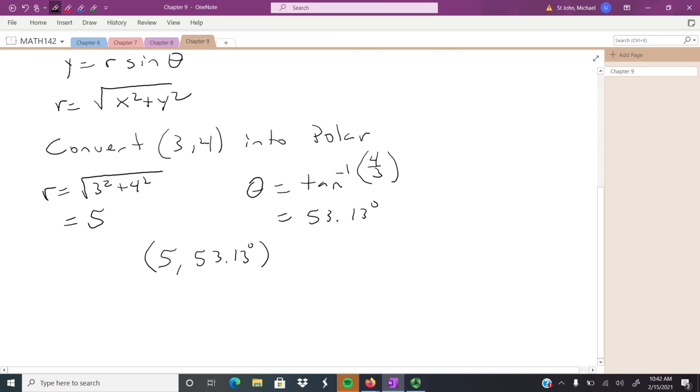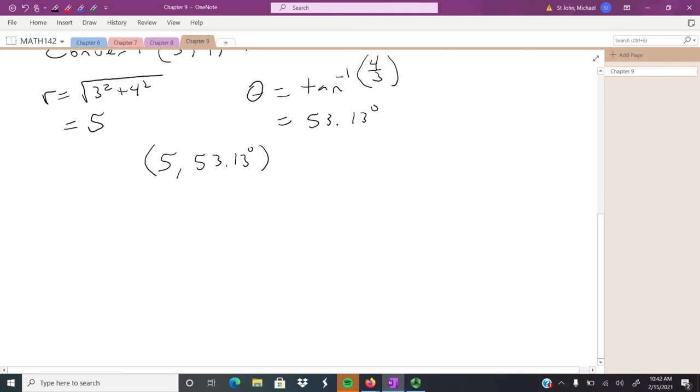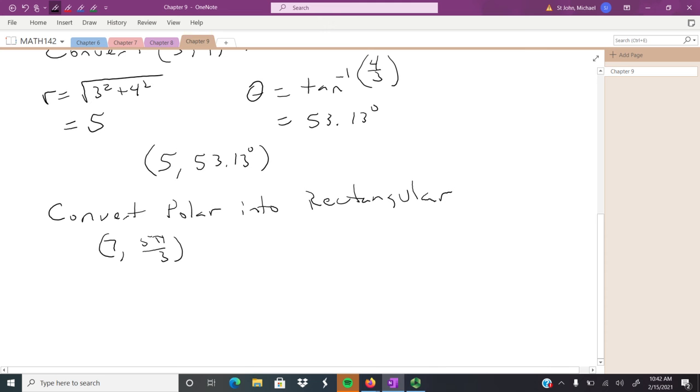And then if we want to convert polar into rectangular, so we want to go the other way around. So now we're given the point (7, 5 pi over 3), and theta can be both in terms of degrees and radians. This time I did it in radians. So x is going to be 7 cosine 5 pi over 3.